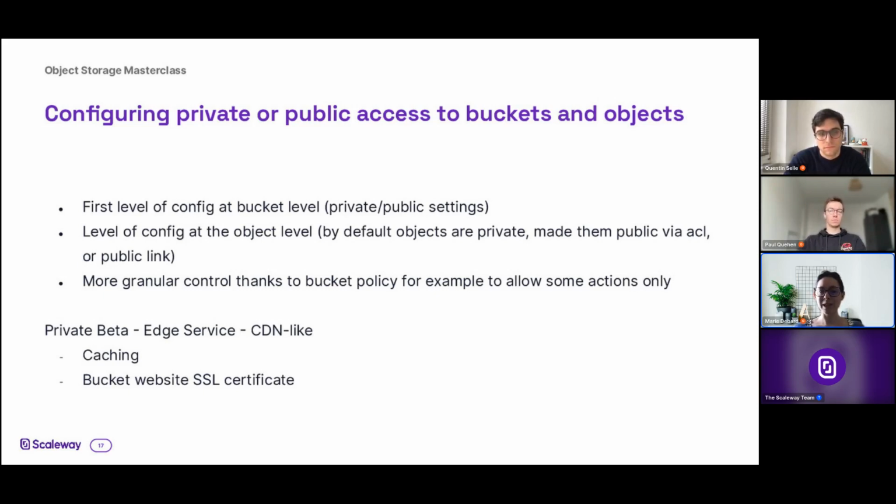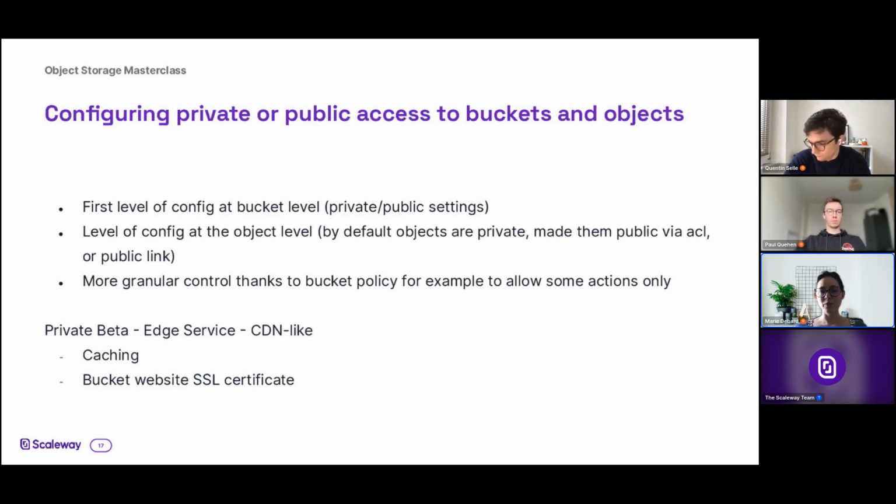This is a setting that applies to the bucket. When you say that your bucket is public, it doesn't mean that the objects within it are public. By default, objects are always private. So be reassured about that. If you have a use case where you don't want your data to be shared, by default, objects are private.